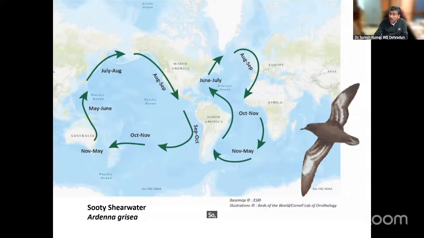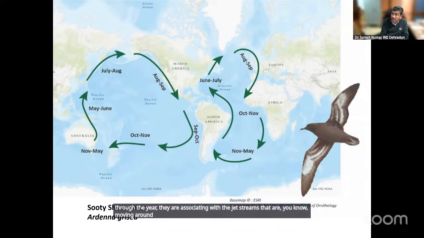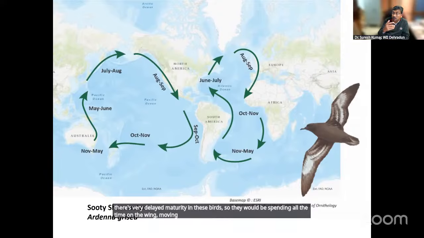So, one of the examples of loop migration is the seabird migration. If you see through the year, they are associating with the jet streams that are moving around in these large ocean basins. So they breed in the southern hemisphere in a few select islands, but for the rest of the year, for many years that they don't breed, there's very delayed maturity in these birds, so they would be spending all the time on the wing, moving with these ocean currents.